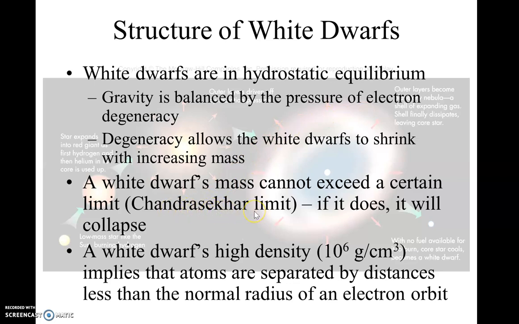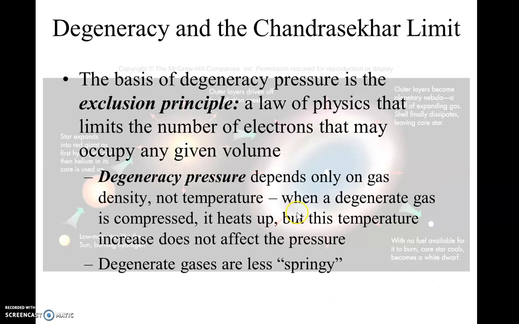What I mean by that is the amount of mass that the electrons will push back is called the Chandrasekhar limit. This was a brilliant physicist who, I think, did this in the 1950s or 60s. I can't remember exactly when, but he worked out the mathematical details of this.